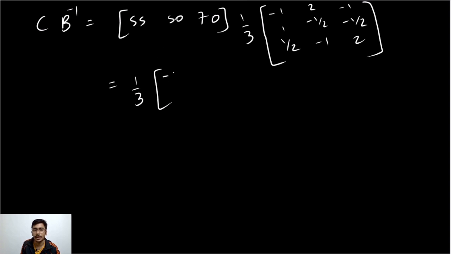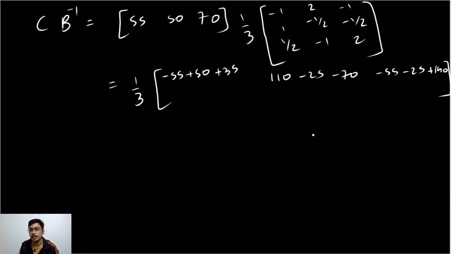So it will be minus 55 plus 50, and 70 by 2 is 35 plus 35, followed by 55 plus 110, minus 25 minus 70, and then the third entry is minus 55 minus 25 plus 140. Is it correct?